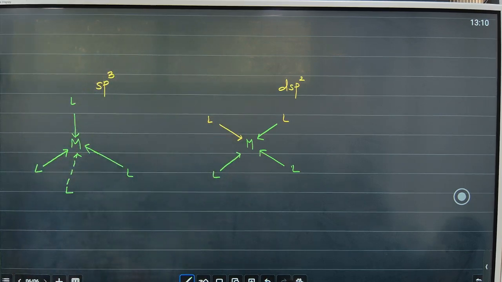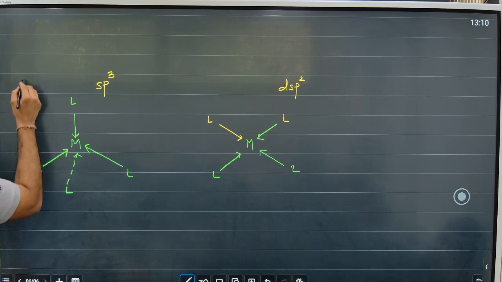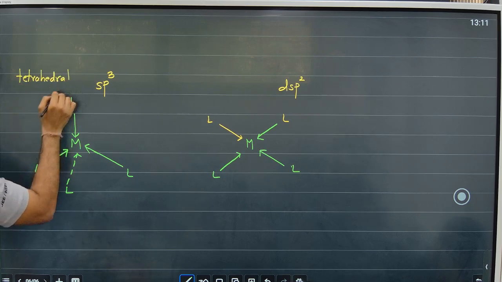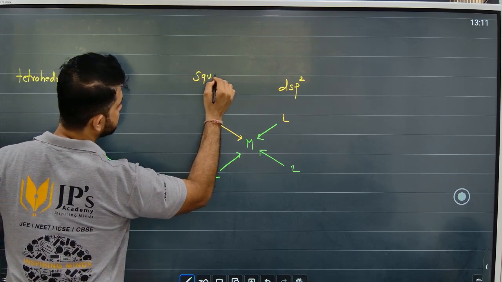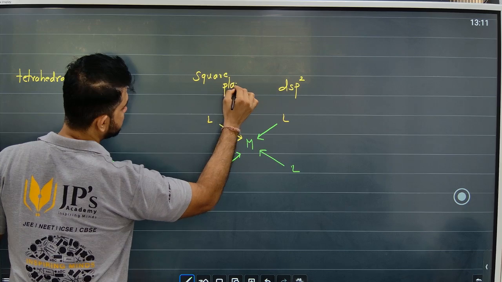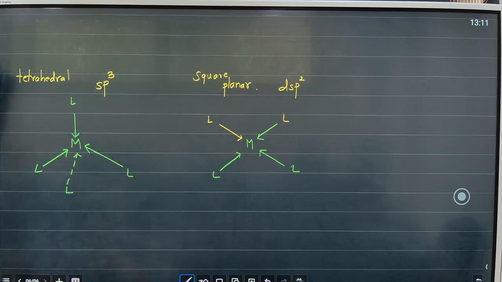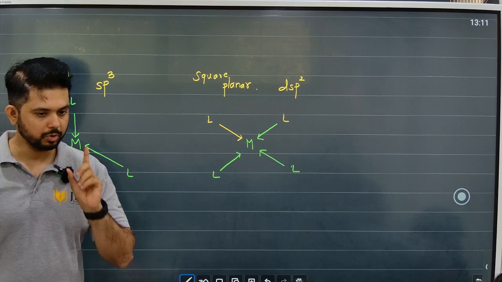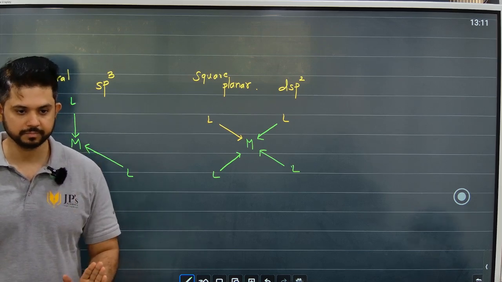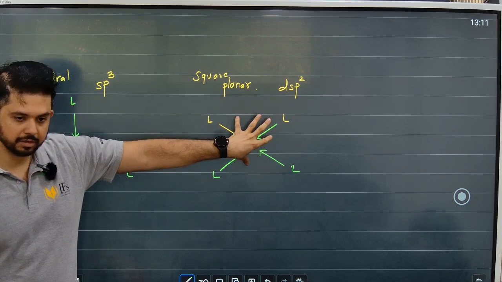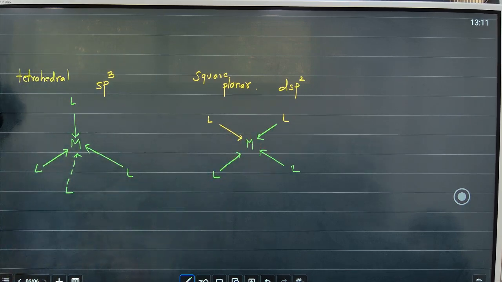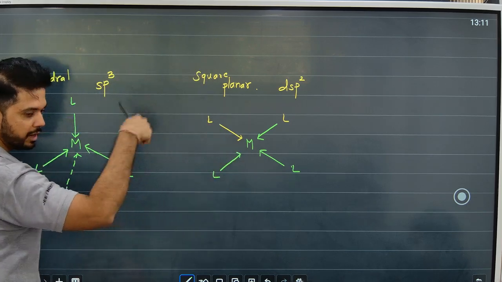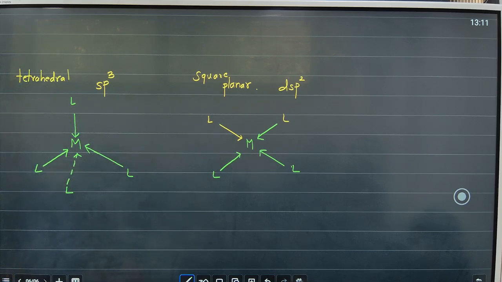Let's try and understand this. Geometry समझाइए. इसका geometry क्या था, people? Tetrahedral. And remember in sp3d2 or d2sp3, what was the geometry? It was octahedral. So यहाँ पे if you imagine the central metal atom, one of the ligands will come from here, the other here, one above the plane and one below.